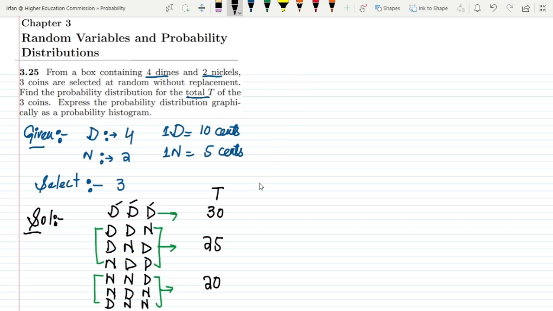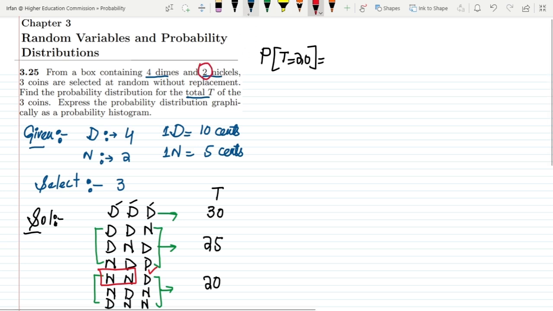Okay, so now in order to find it out, let me have here the probability that T is equal to 20. Let me start from 20, and in this range we can very clearly see that we have 2 nickels and 1 dime. So these 2 nickels have been selected out of the 2 nickels which are in total.